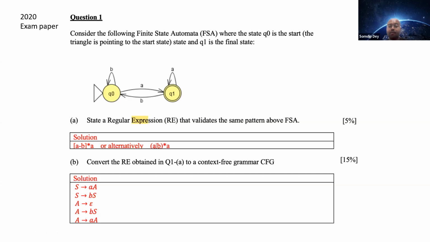Now, again, you might also be asked, can you convert the regular expression to context-free grammar? By the definition of context-free grammar, you can also generate the grammar production rules itself, right? Now, again, these are already covered in your lectures, so do go through them.